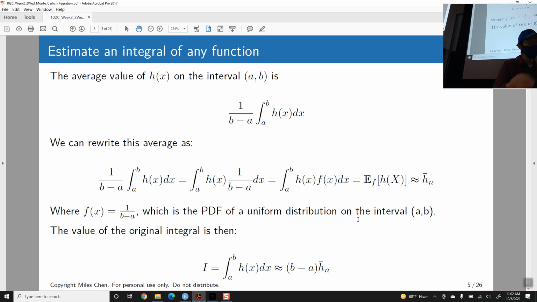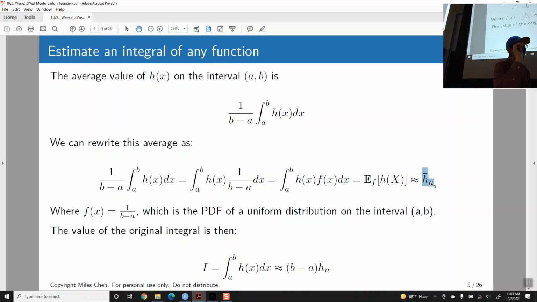Because we learned that the Monte Carlo estimator is the expected value of some function h applied to random variable x, if x is defined by the PDF f. We want the expected value of the function h applied to the random variable x where x is defined by the PDF f. We said this thing can be estimated using the Monte Carlo estimator.